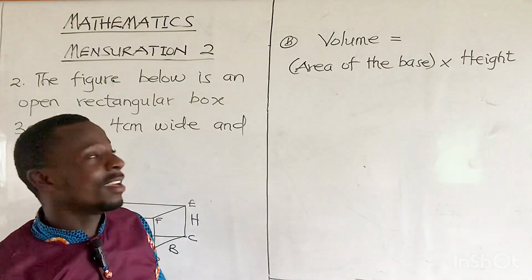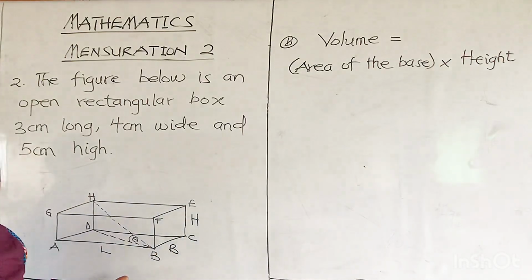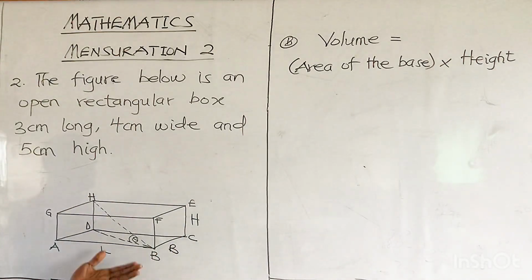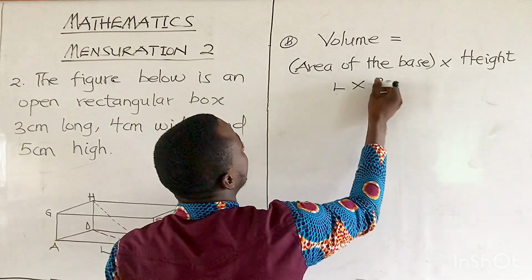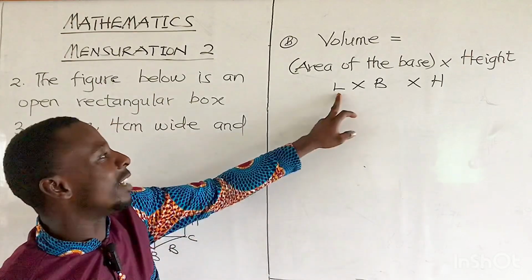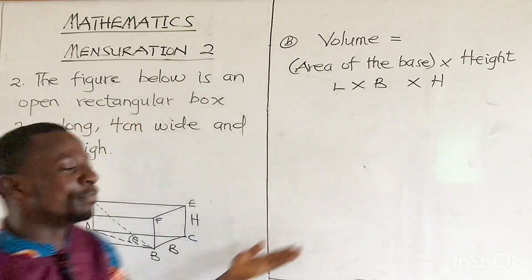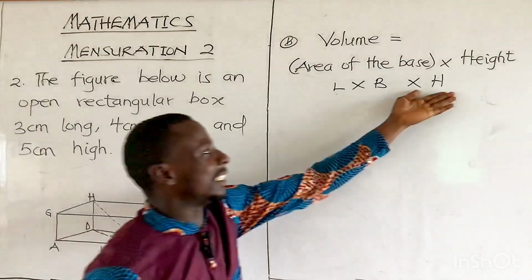That is why the volume of a cuboid or any rectangular tank, box, or rectangular prism is L times B times H, because the L times B is the area of its base. Then the height is H.